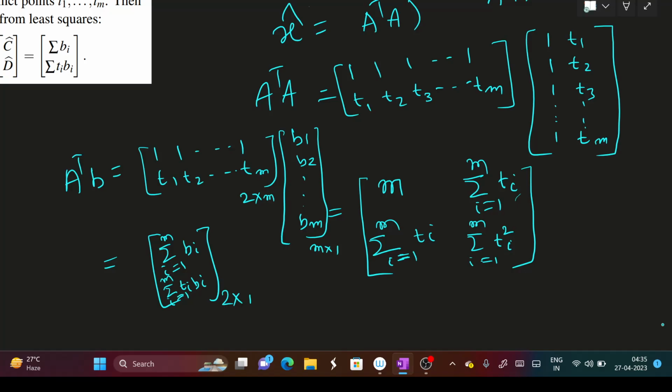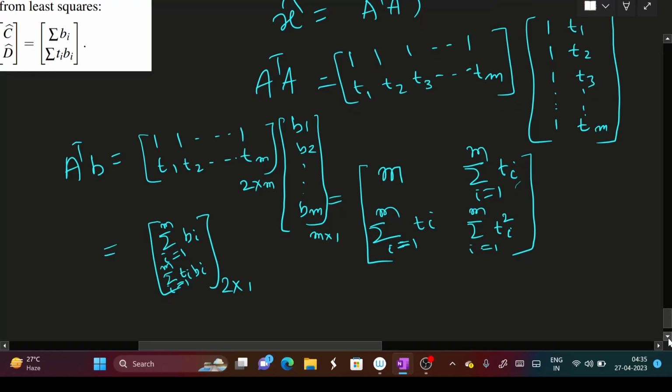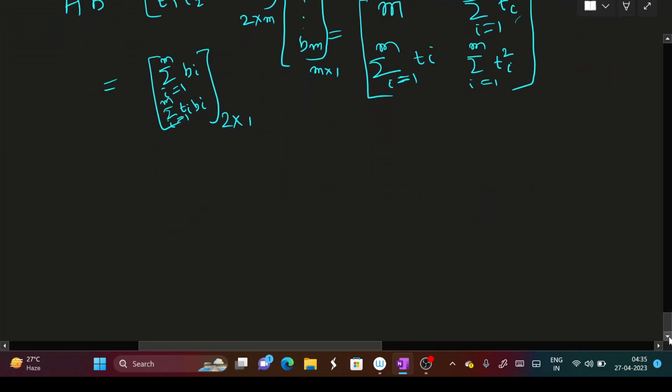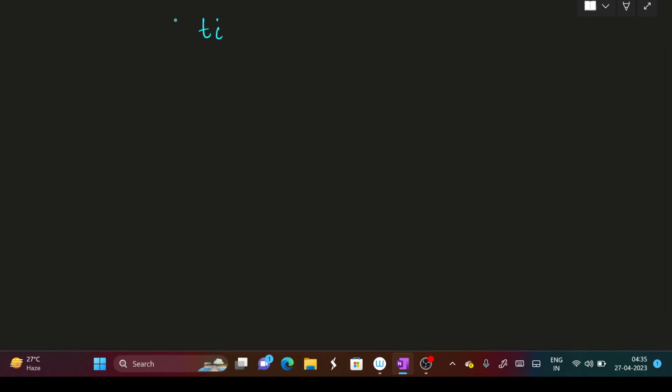So in the examination, if a fitting a straight line question is asked, what is expected to be done? I need not calculate much. Directly my data will be given: for this Ti, this Bi is there. That is, T1, T2, T3 will be given. Similarly B1, B2, B3 will be given.